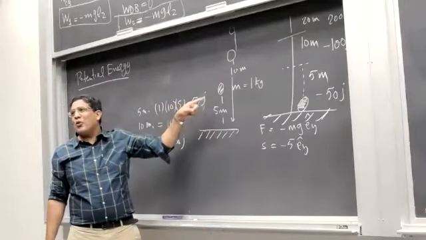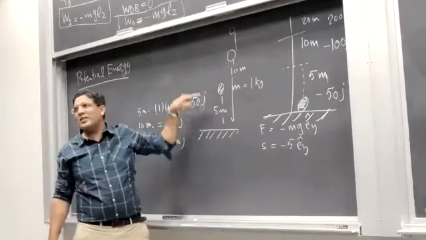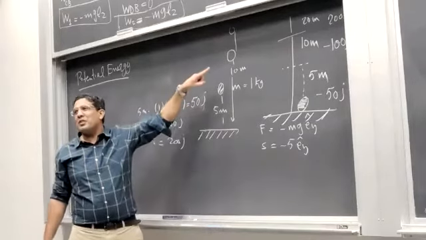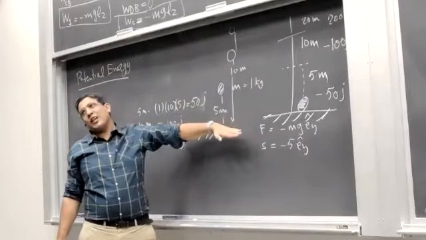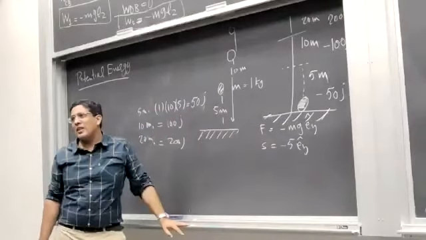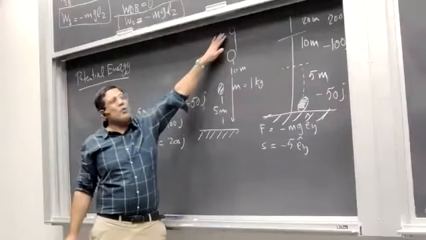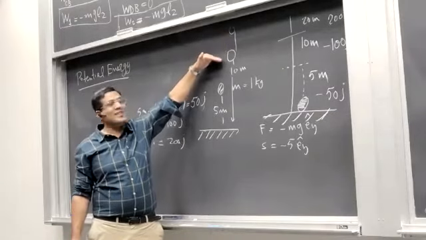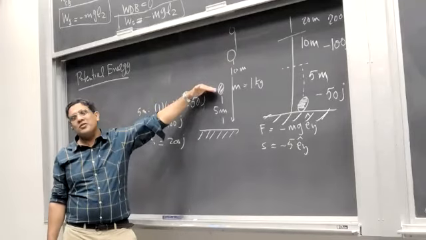The higher the position, the more potential it has. Without releasing, just looking at these three objects and their positions, you can tell that when I release this object, when it hits the surface of Earth, it would have more kinetic energy. It would have done more work. So this has more ability to do work, this has less, and this has even lesser ability to do work.